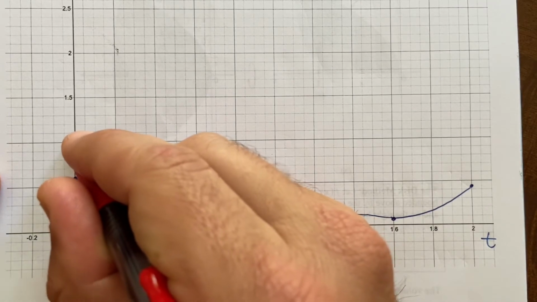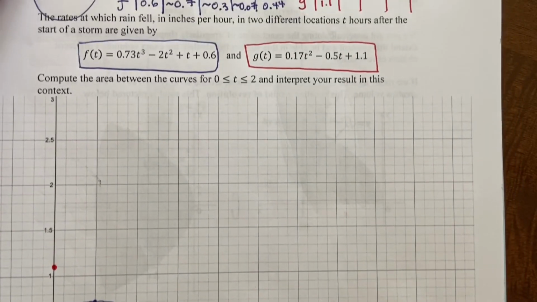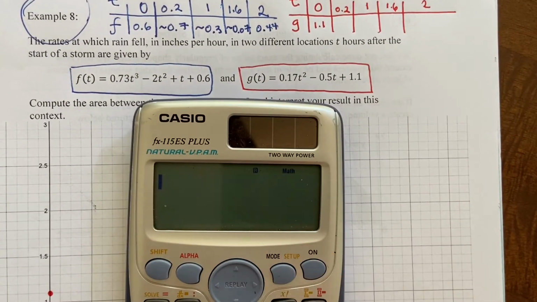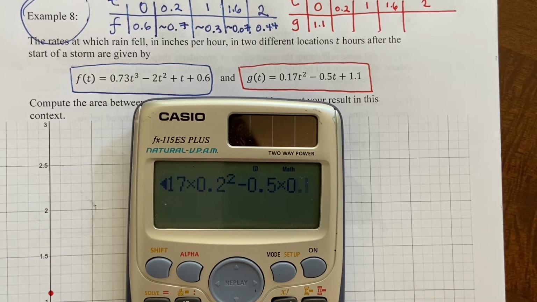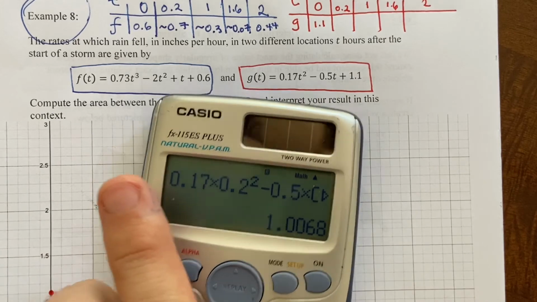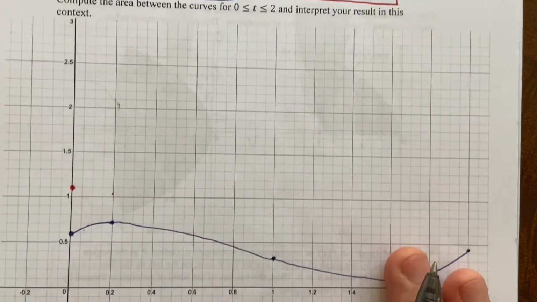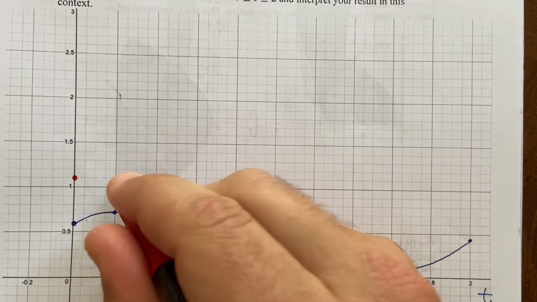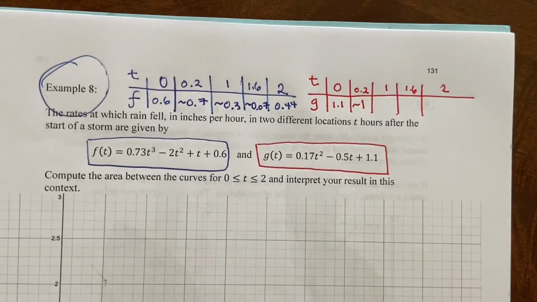We have 1.1. And now at 0.2. So I'll go ahead and use the calculator now. So 0.17 times 0.2 squared minus 0.5 times 0.2 plus 1.1. A little more than 1. Oops. So right about here. Let's call that good. So about 1. I'll just say there.